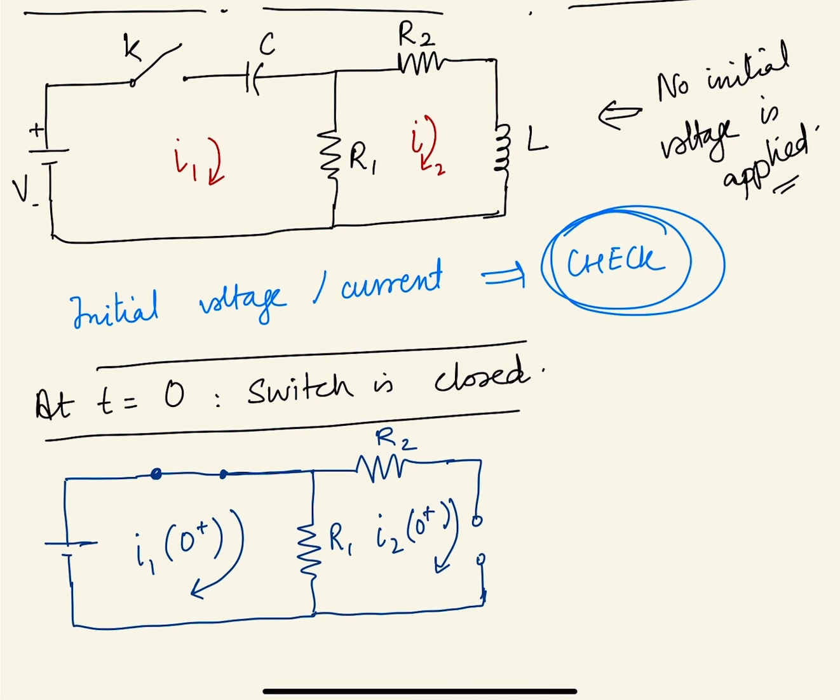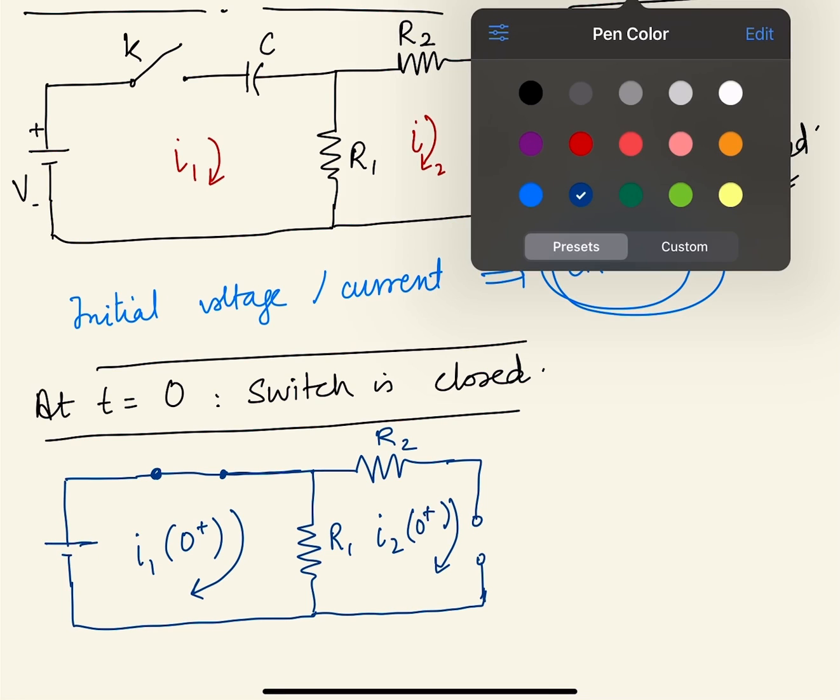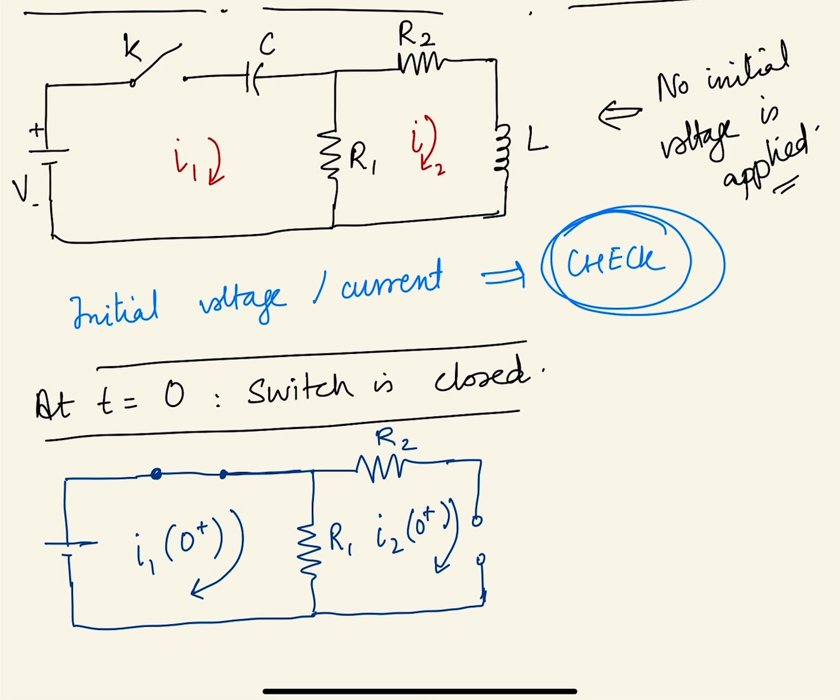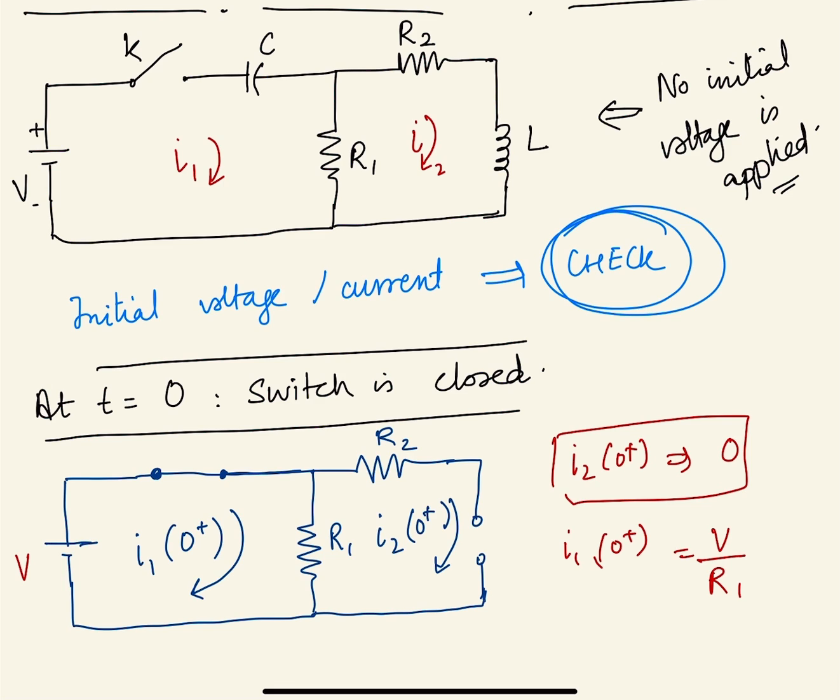I2(0+): since the inductor behaves as an open circuit, I2(0+) is 0, right? So what can we say about I1(0+)? I1(0+) is simply the voltage V, which is here, divided by this resistance R1.